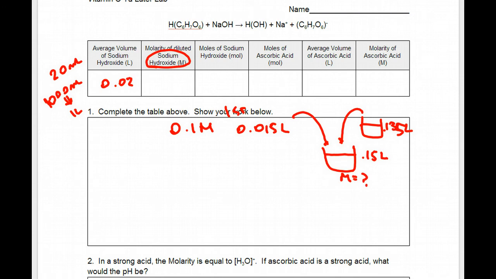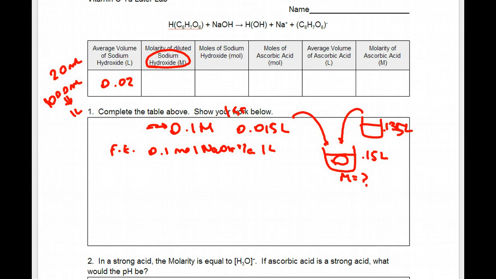So if we can figure out the number of moles we ended up using when we did this stuff here, well, that's the number of moles that is going to be in this stuff there, and we can figure out the molarity. So for every 0.1 mole of NaOH, there is 1 liter, and we know that because we started with 0.1 molar solution.